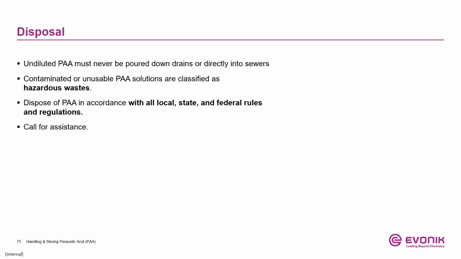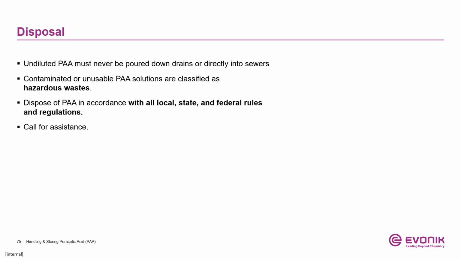How do you dispose of peracetic acid? First, remember that undiluted PAA must never be poured down drains or directly into sewers. Any unused or undiluted PAA solutions that become waste material are classified as hazardous waste due to their low pH and oxidizing properties.